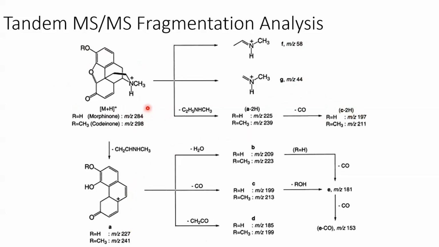But one thing that we can do with a tandem mass spectrometer is tell the mass spectrometer to capture and collect this fragment. It will start storing this fragment, and then it can subject that fragment to another round of mass spectrometry. It bombards this fragment with additional energy.